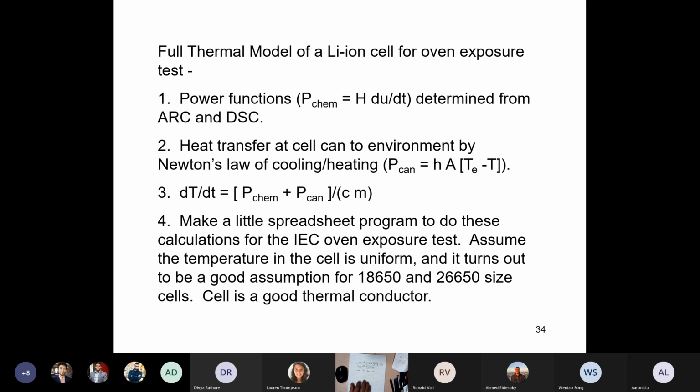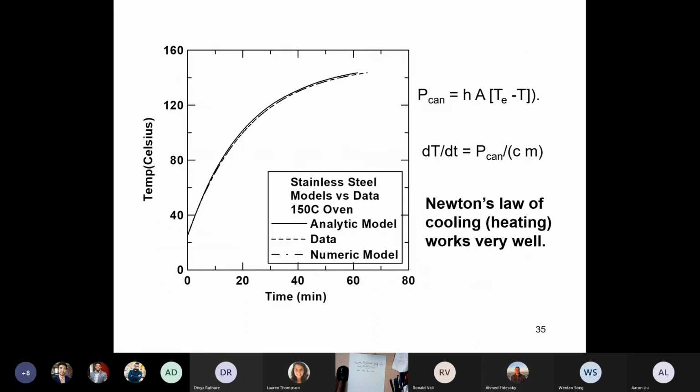Sorry about that. Yeah, so you can imagine the cell is a pretty good thermal conductor. So the first thing you have to do is you have to determine the surface heat transfer coefficient of the cell. So what you do is you put a cell or a stainless steel cylinder, anything you want, into an oven. So the oven was, I think, at 140 or 150 degrees C. And you measure the temperature versus time of that cylinder.